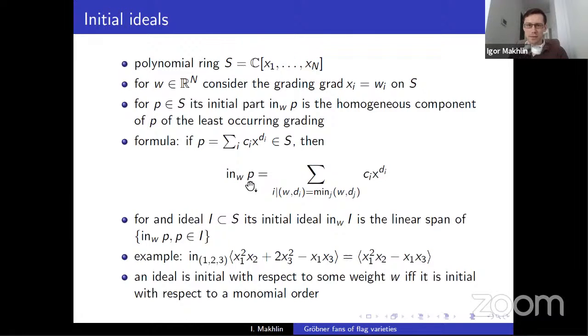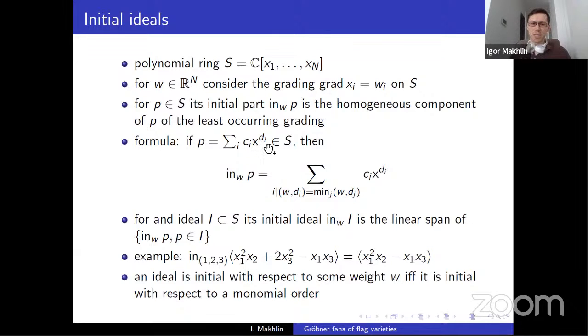So here this is written as a formula. So here's our polynomial P. The di's, they are some vectors in tuples of n natural numbers, and ci's are coefficients. And then so here's what I said just now. We take those.